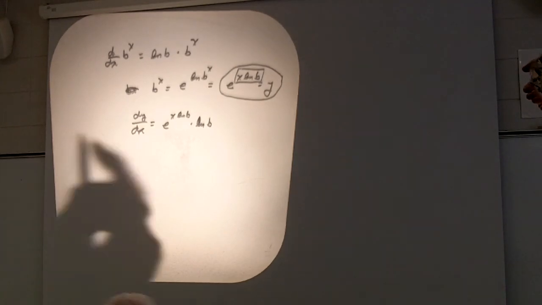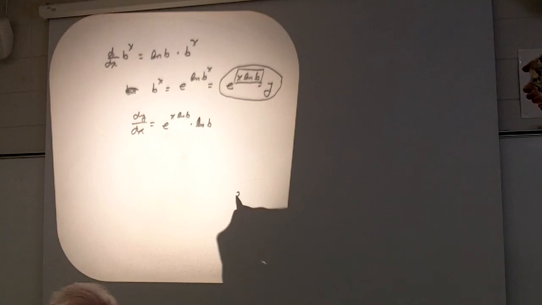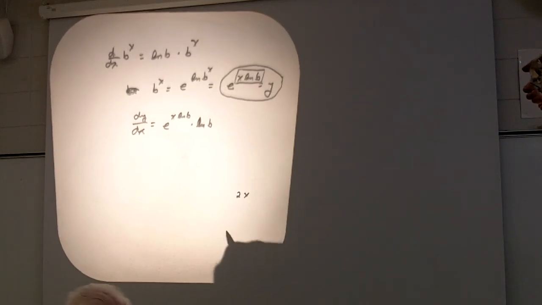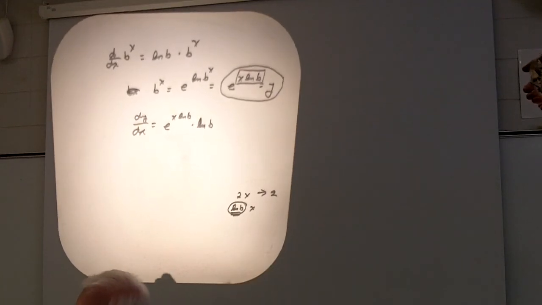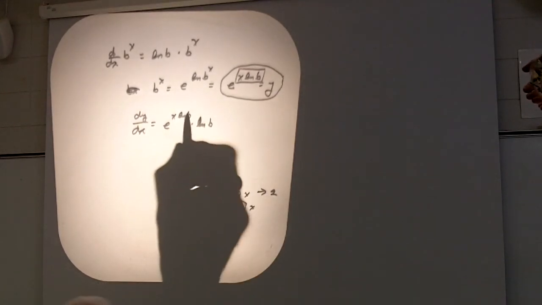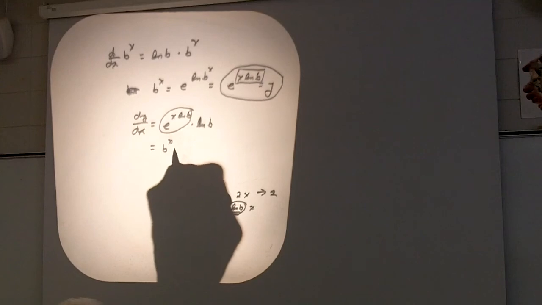Question on that? What is the derivative of 2x? 2. What is the derivative of ln b times x going to be? ln b. See, this derivative is just a number. And what is this quantity right here? b to the x. Okay, so this is going to be b to the x times ln of b, and I'm done.